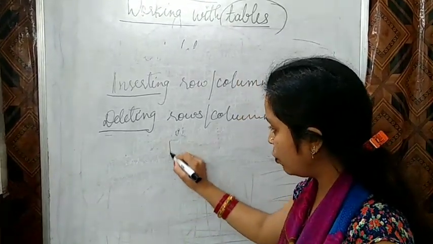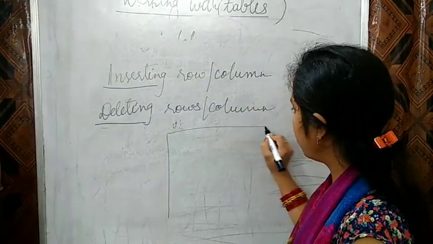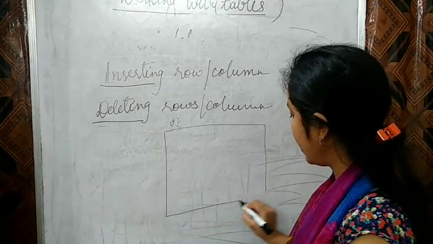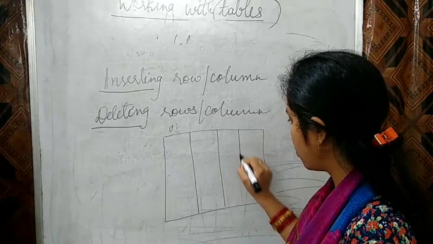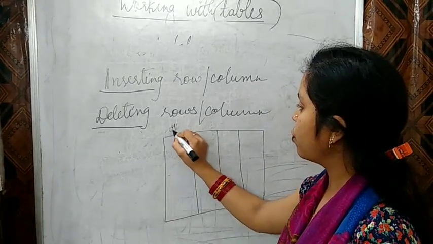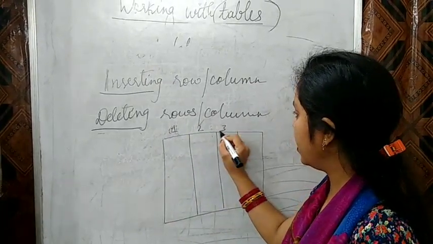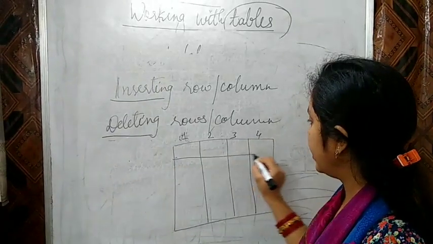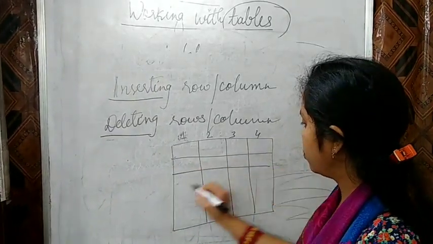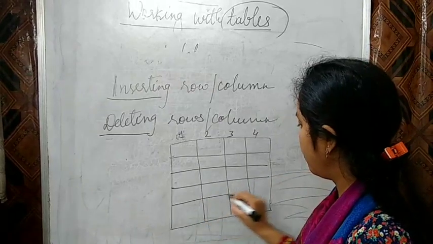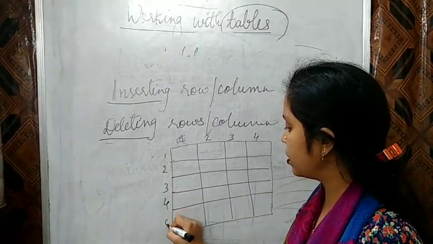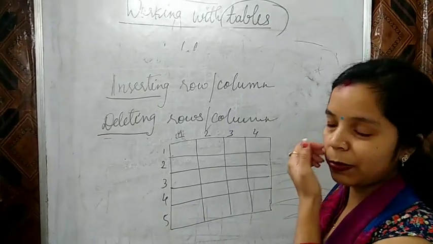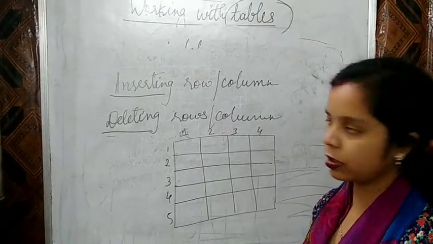Now how will you do that? Suppose this is your table, this is column 1, column 2, column 3, column 4. 4 columns are there, and there are 1, 2, 3, 4, 5 rows in this table. So this is a table with 4 columns and 5 rows.